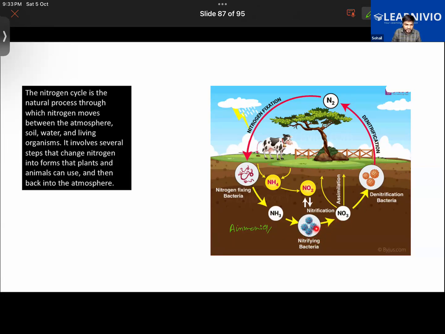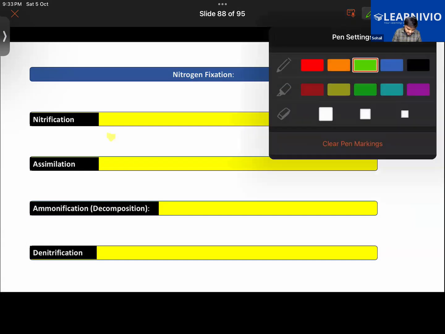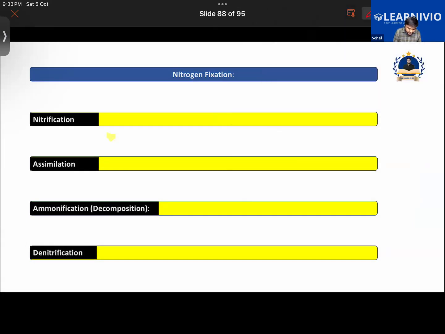Getting it? What I'm trying to say is that in the process of nitrification, like in nitrogen fixation, the atmospheric nitrogen has been converted into ammonia.